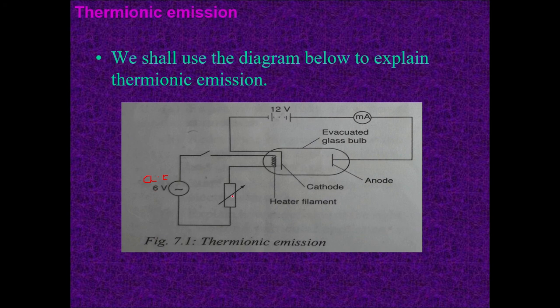Now let's begin from this first circuit here. We find that the moment this circuit is in place, we don't need a switch here because everything is just intact. There will be no current recorded at the milliammeter because the circuit is not complete. So there is something that would happen here that has not taken place.